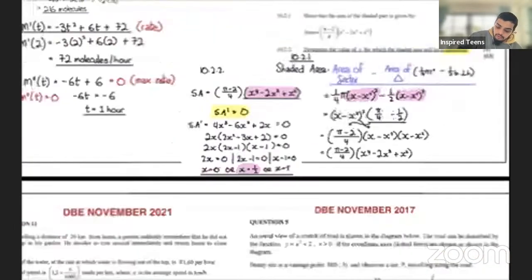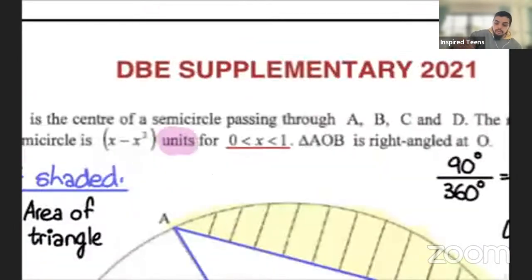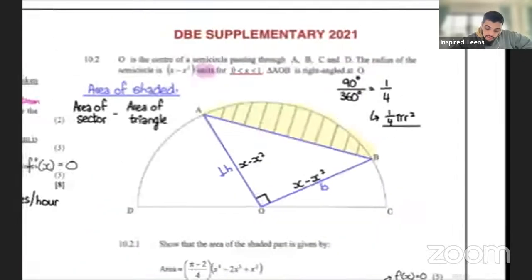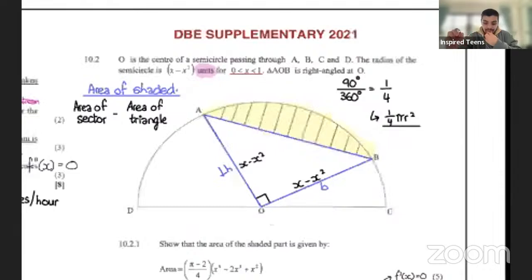Are there any units? No, because they just use the word units. So a half as x would result in the maximum shaded area.